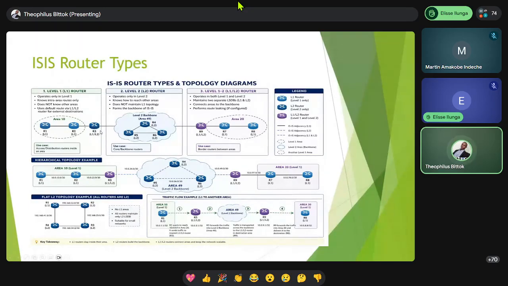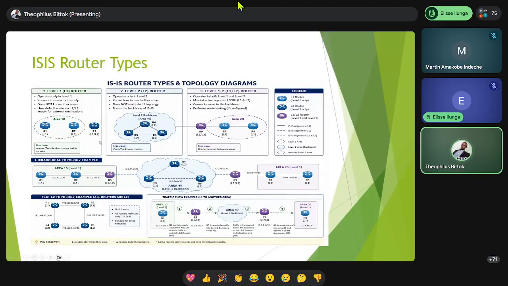But remember, in as much as I've set an overload bit on R3, if there are any routes that are destined to R3, or any routes that are being advertised by R3, and R3 is acting as the originator of those routes, the adjacent routers are not going to ignore R3. They will still send their traffic towards R3, since R3 is the originator.